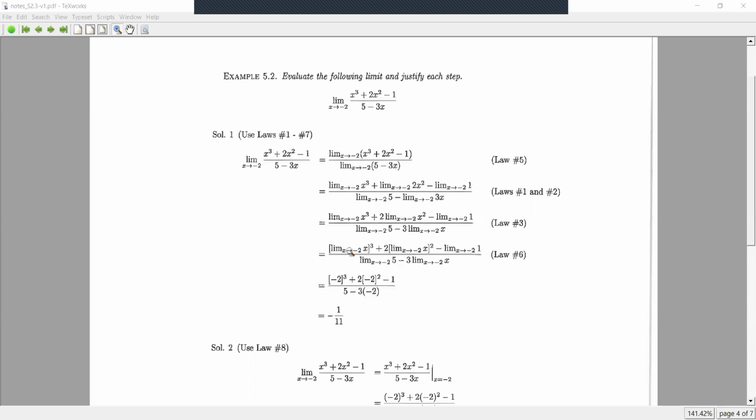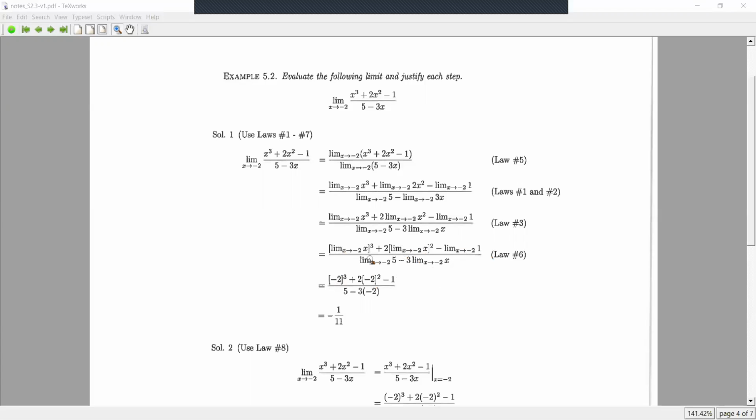As x approaches -2, what number will the function x approach? Of course, -2. So this limit is -2. And this limit of a constant, as x approaches -2, what number will the constant 1 approach? It will approach 1.